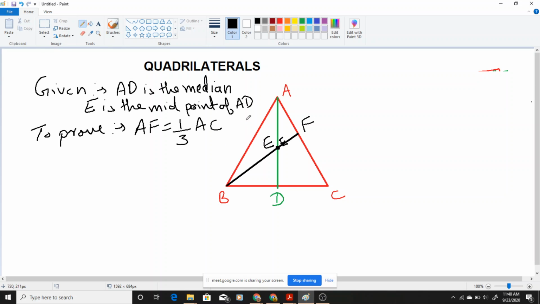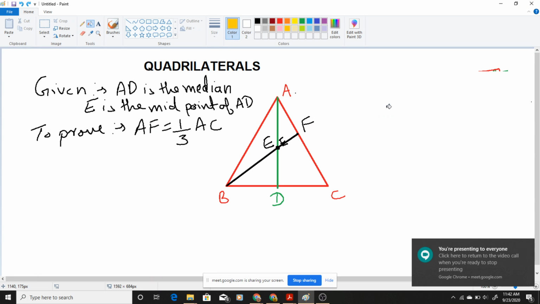So I am repeating the question once again. We are given a triangle ABC. AD is the median, then E is the midpoint of AD, then BE we have joined and extended to point F, that is on AC. Then we have to prove that AF equals 1/3 AC.